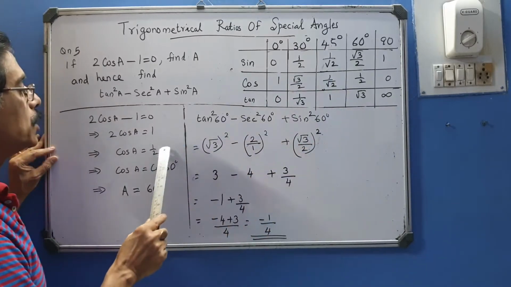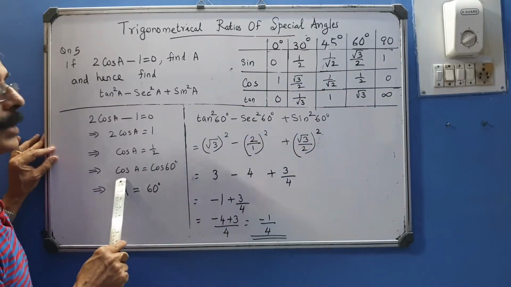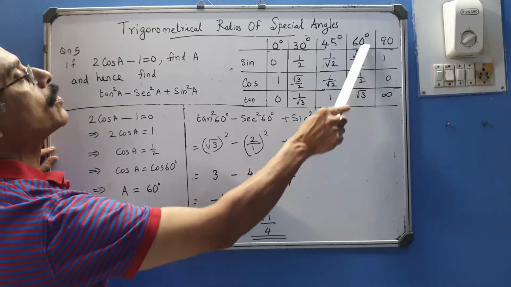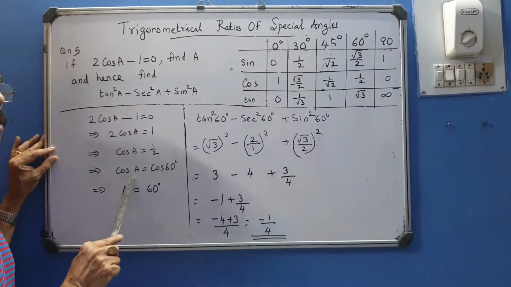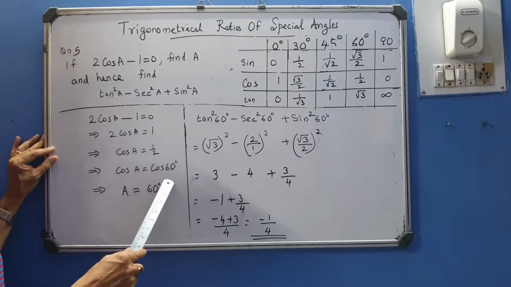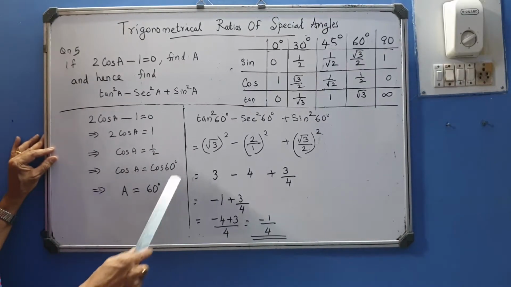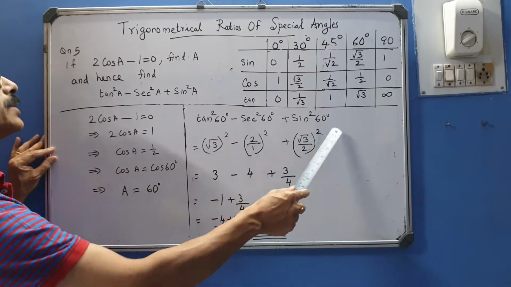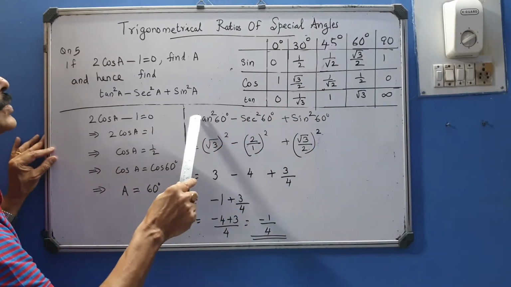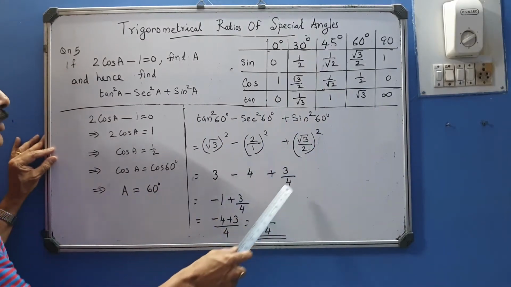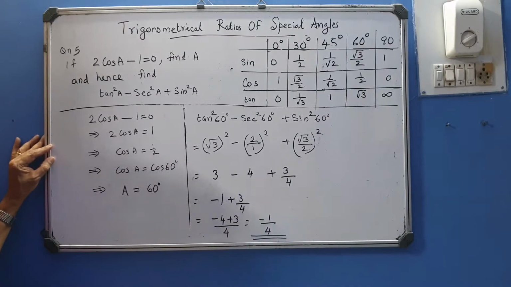But we can't change this to sin. Why? Because left side is cos. So half can be written as cos 60. So because the left side is cos, right side must be changed into cos. So we get cos a equals cos 60, cos will cut, a is 60 degrees. Put the values of 60 degrees here, insert the values of all these trigonometric ratios, simplify, and you get the answer to be minus 1 by 4.